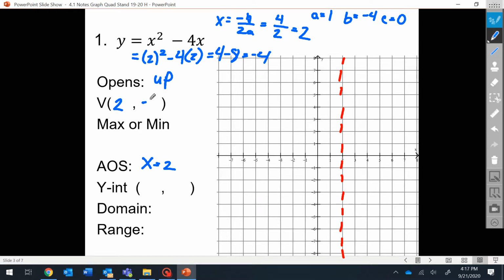So the y-coordinate of the vertex is -4. I'm going to go ahead and plot that vertex, 2, -4, right here. So that's the vertex. Since this opens up, that will be a minimum value.